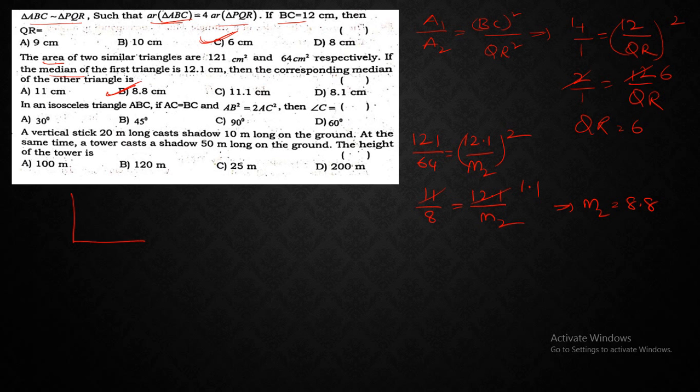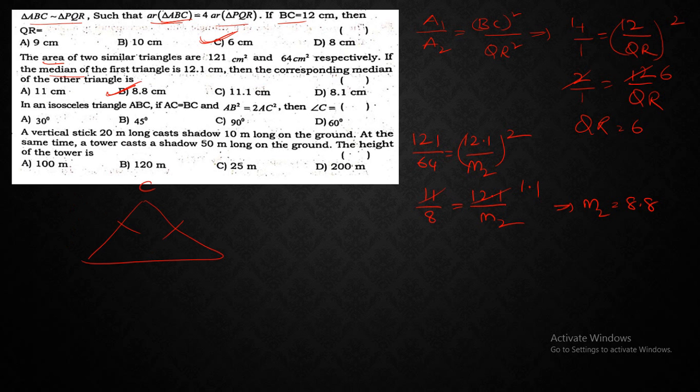Next question. What he has given is AC is equal to AB. He did not mention a right angle triangle, right? It's telling about an isosceles triangle, which means these two sides are equal.